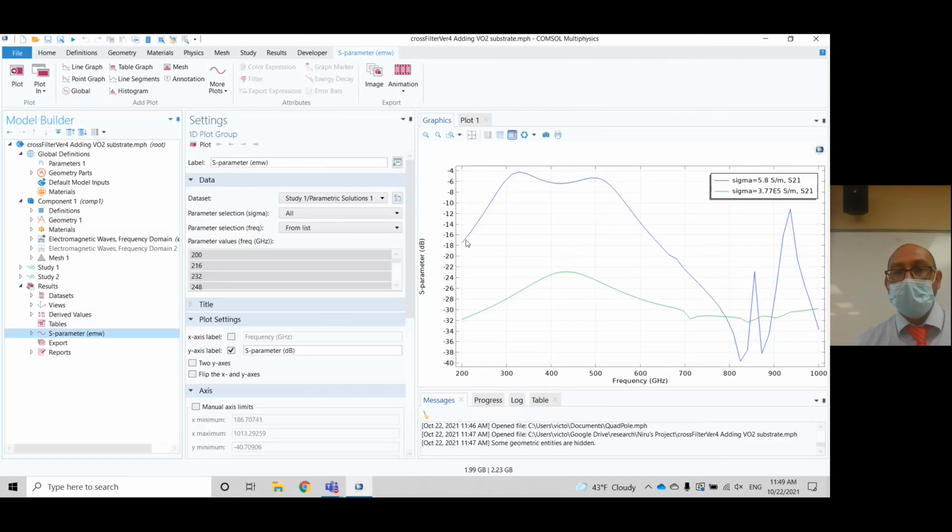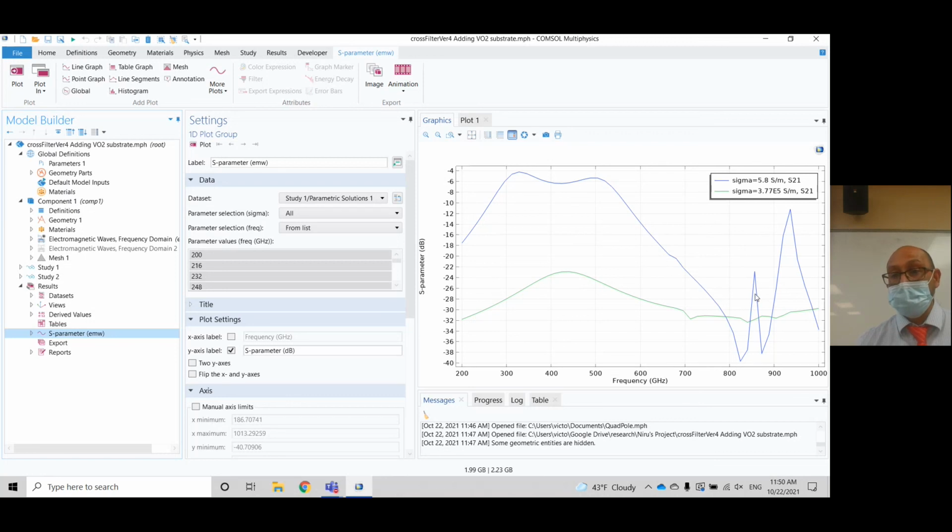What you see here is the reflectivity of this antenna when you are passing a terahertz wave. The one over here is when it's behaving as a dielectric, and the one over here is when it's behaving as a conductor.